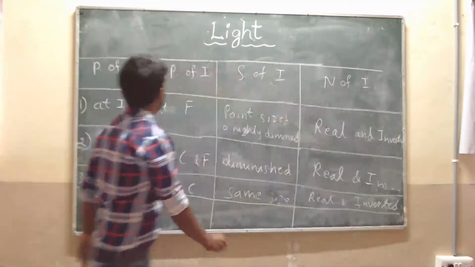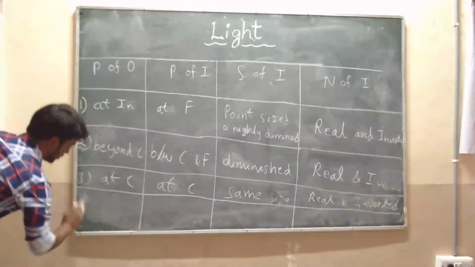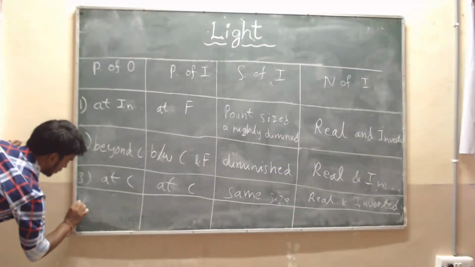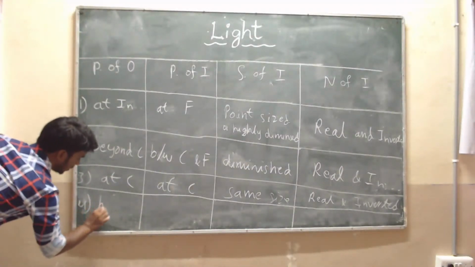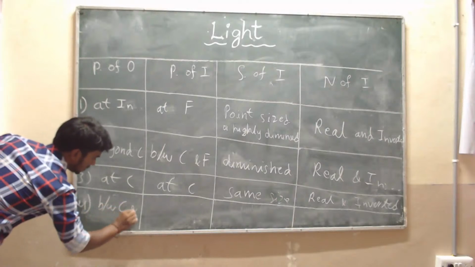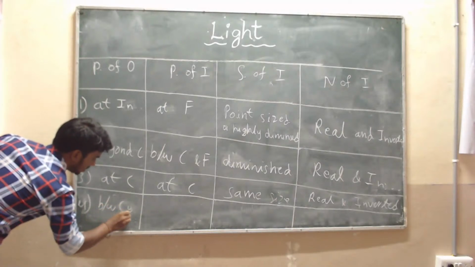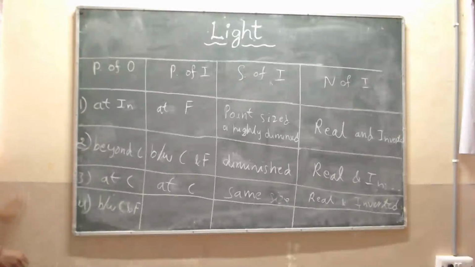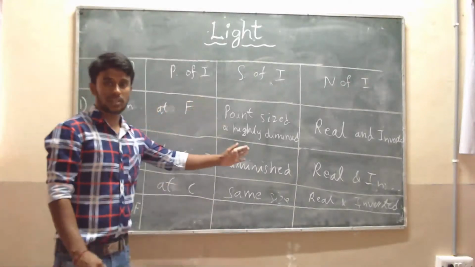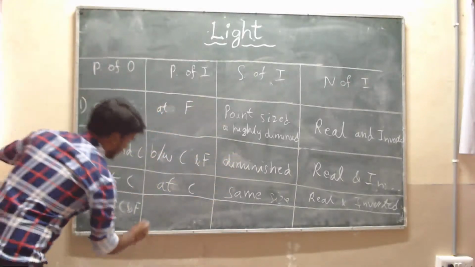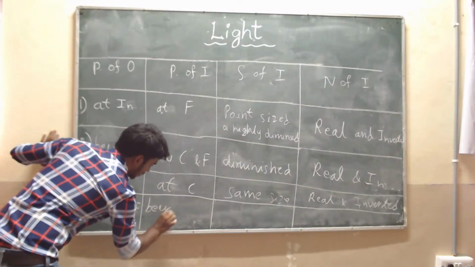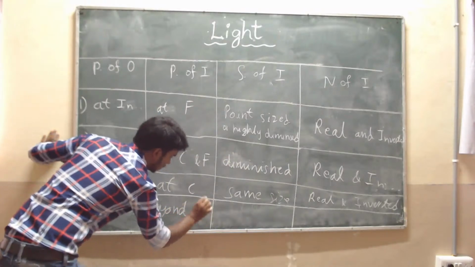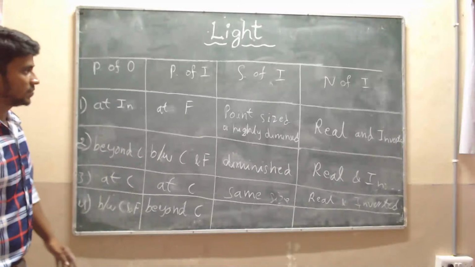Next we kept the object between C and F. Then where is the position of the image? That is behind C. Then what about size of the image?